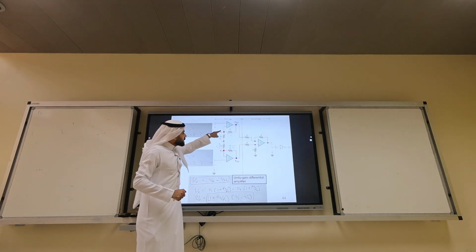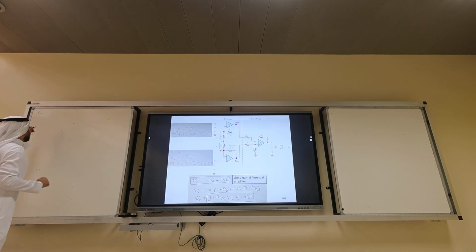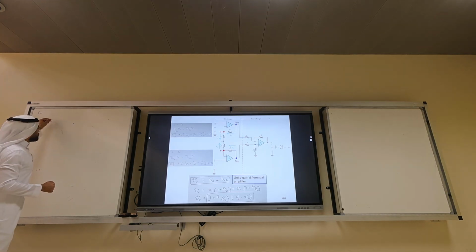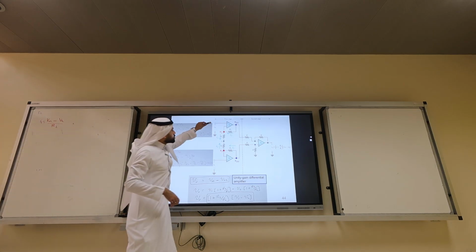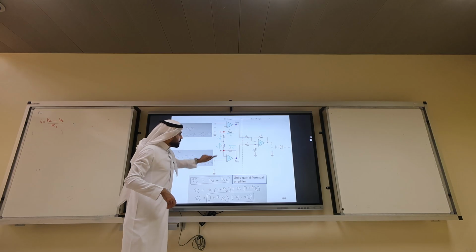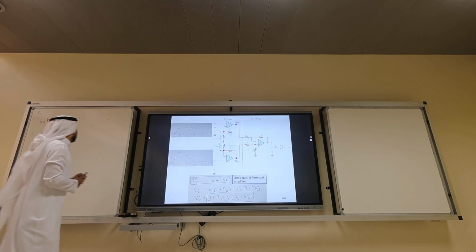You have a feedback here, so you have I1. What is I1? I1 equals VO2 minus V2 over R2. We have a negative feedback, so V2 will appear here, V1 will appear here, because of the summing point constraint.